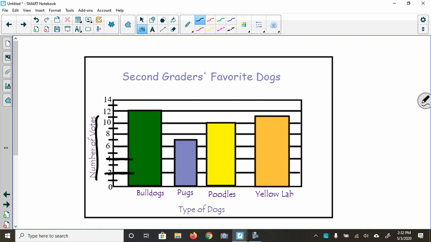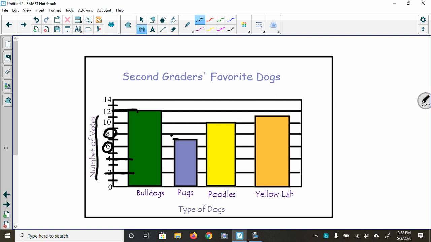As you see, the bulldogs had a total vote of 12. Very good, because the bar went all the way up to that line, and we can see that's at 12. But let's look at pugs, the purple bar. If I follow it up to the very top, I will see that it's between the lines of 8 and 6.